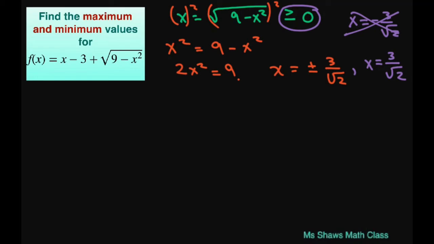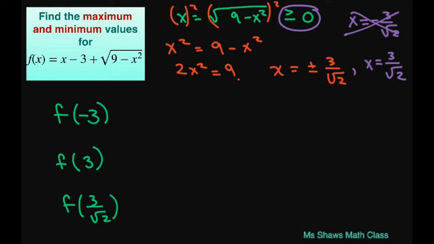Now let's find our minimum and maximum values. First we had our negative 3 and 3, the endpoints for our domain. So we're going to do f of negative 3, f of 3, and also f of 3 divided by square root of 2.